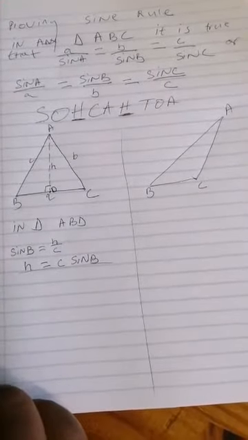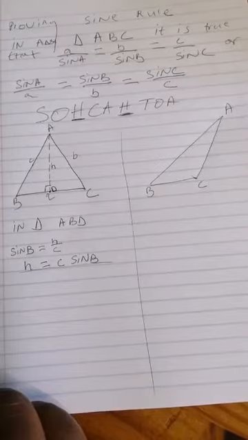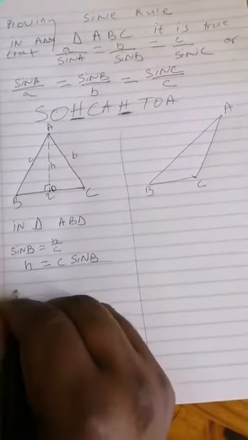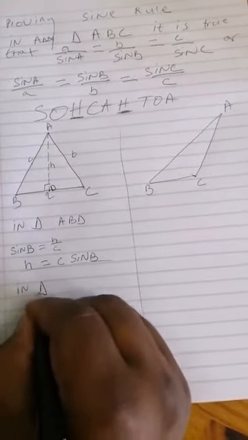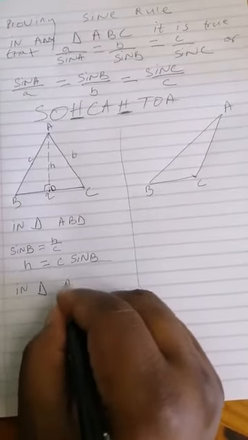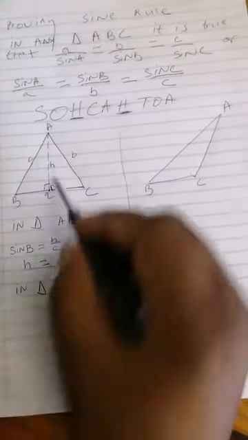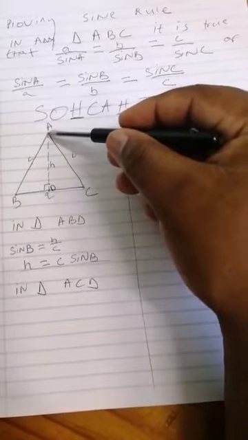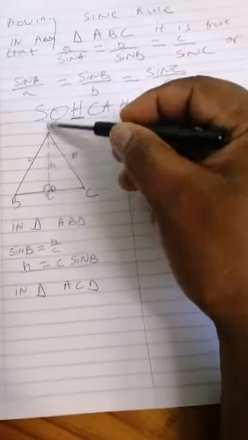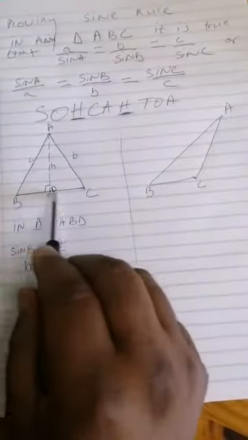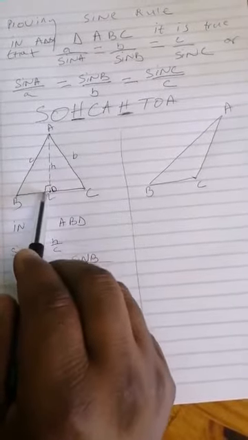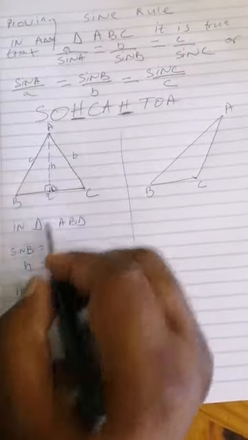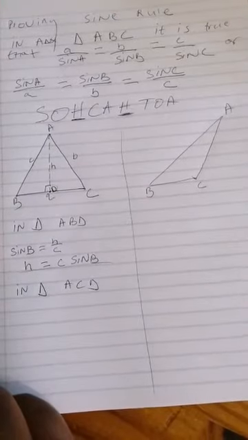Now let us look into the other triangle. In triangle ACD, the other right-angled triangle, can you see ACD? This is a right-angled triangle. If this is a straight line and you have 90 degrees there, it will mean I also have 90 degrees this side.